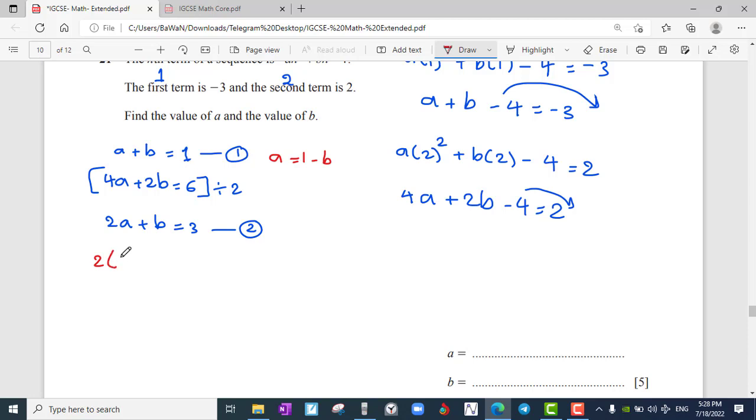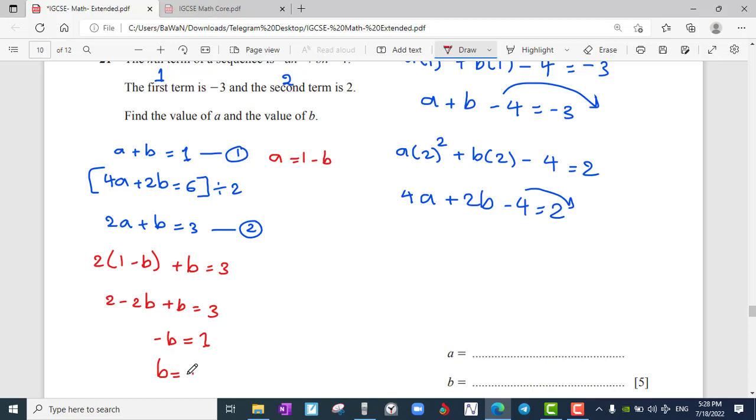So 2 times 1 minus b plus b is equal to 3. So 2 minus 2b plus b is equal to 3. Negative 2b plus b is negative b. And 3 minus 2 is 1.